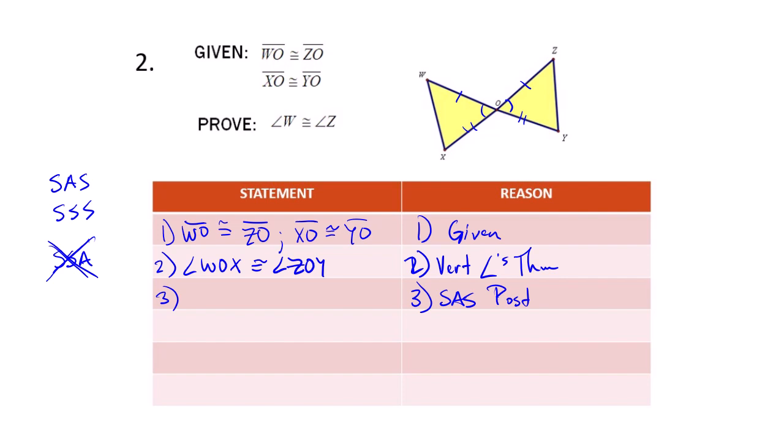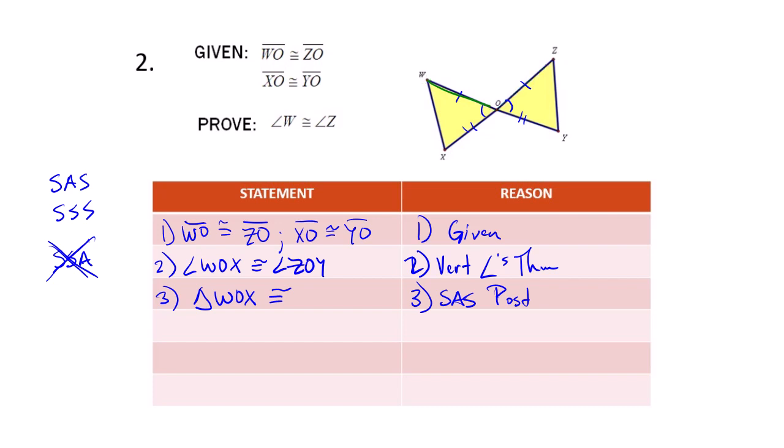And so we just need to name the triangle. So triangle, I'll use this here, WOX. And we can see that WO right here corresponds with OZ, since they're congruent. So they're corresponding parts. So that means O corresponds with O, so therefore Z corresponds with W, right?